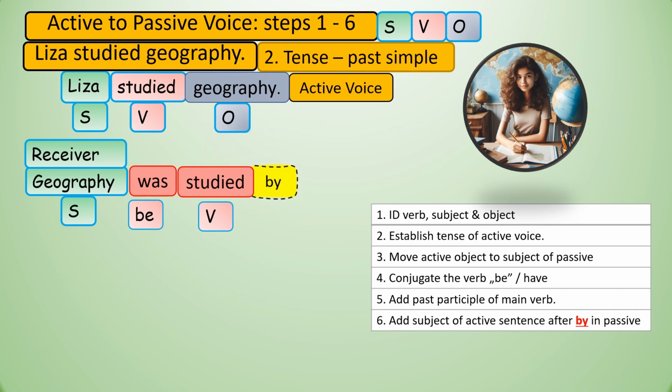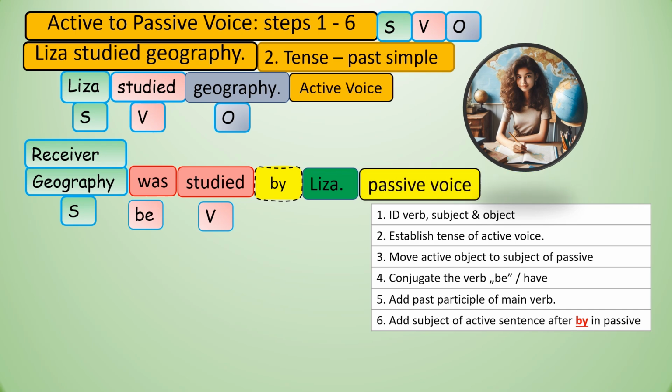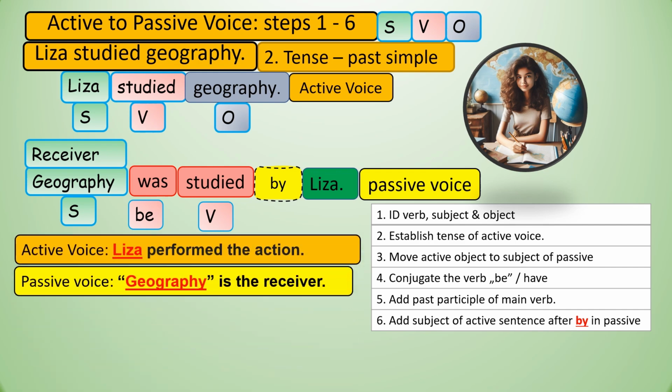And after that, now we can say by, our preposition by, and we can add the subject of the active sentence at the end, and now it is actually called the agent. So let us just wrap up. That's the passive voice now. Active voice, Lisa performed the action. Passive voice, geography is the receiver of the action. And that concludes our steps here for Lisa studied geography. Geography was studied by Lisa.